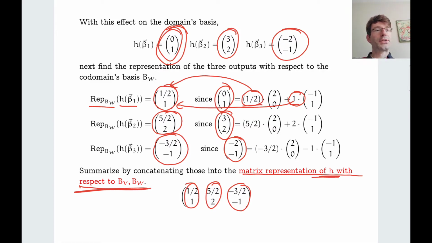In particular, note that this matrix doesn't talk about any specific input to h. We've only characterized h itself, and we could do so by simply saying what h does to the basis vectors.